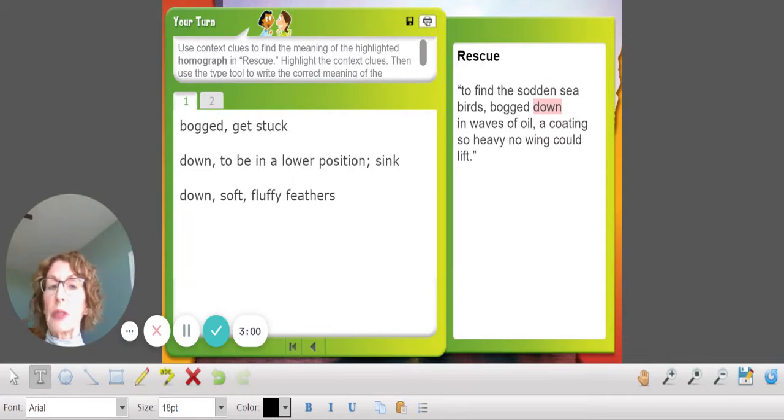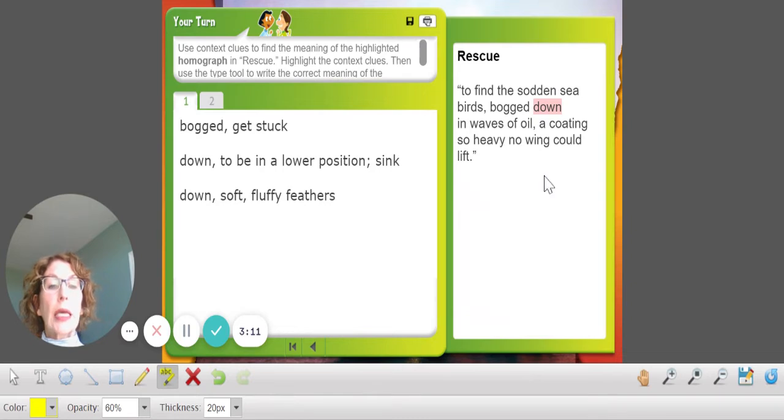All right, just take a moment to think about that and look for context clues, helping you determine the meaning of down. Okay. I'm going to highlight the context clues. So heavy, no wing could lift.